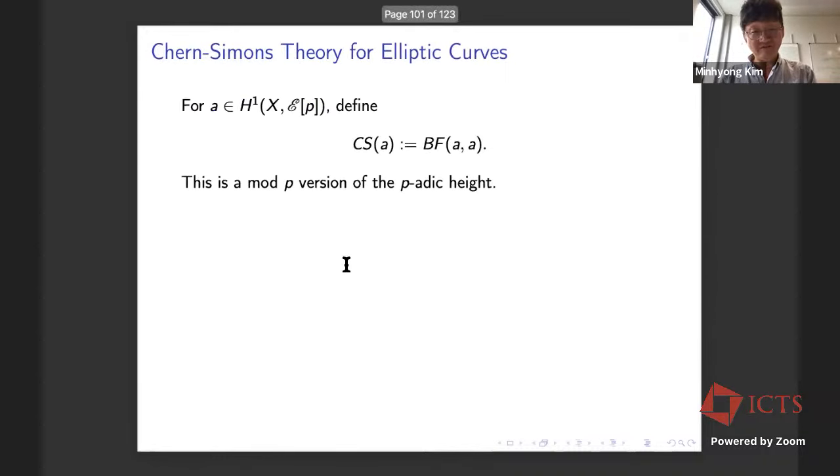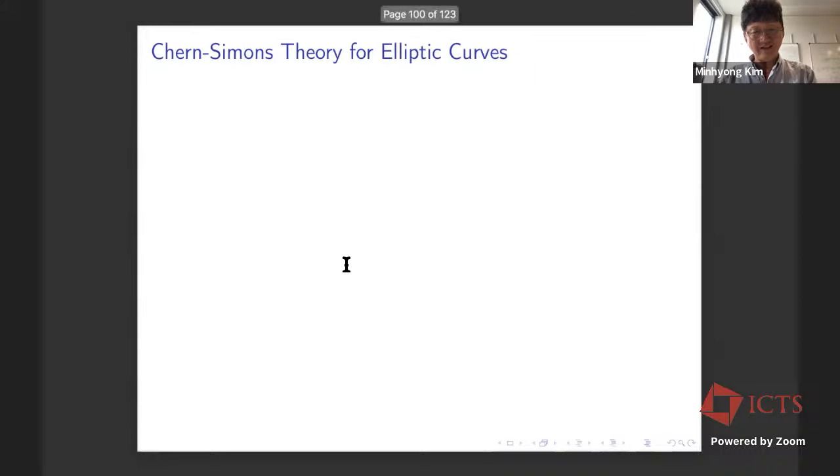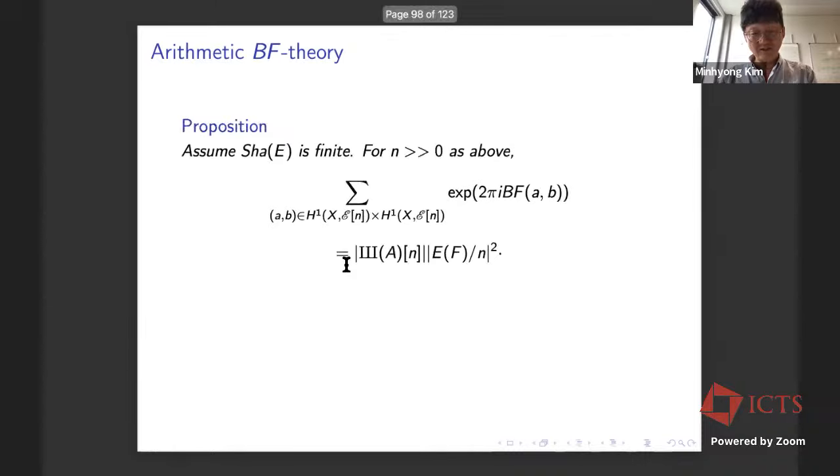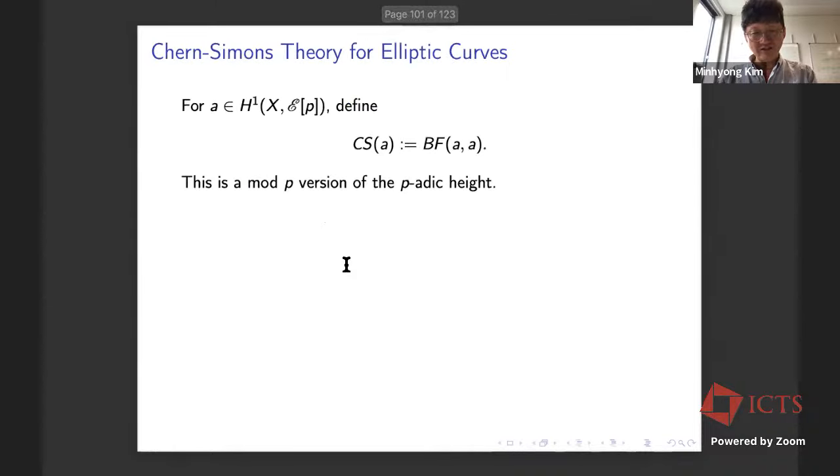So here, if you just take the BF applied to a comma a, right? Remember, it's a two-variable function, but you could take a equals b. Then this becomes very much like a Chern-Simons function for elliptic curves. And this turns out to be a mod p version of the p-adic height.